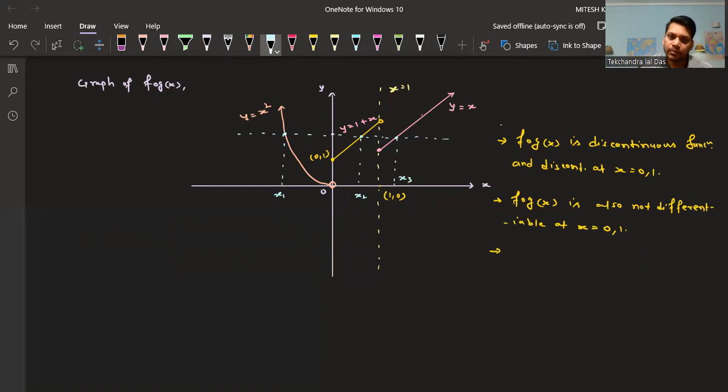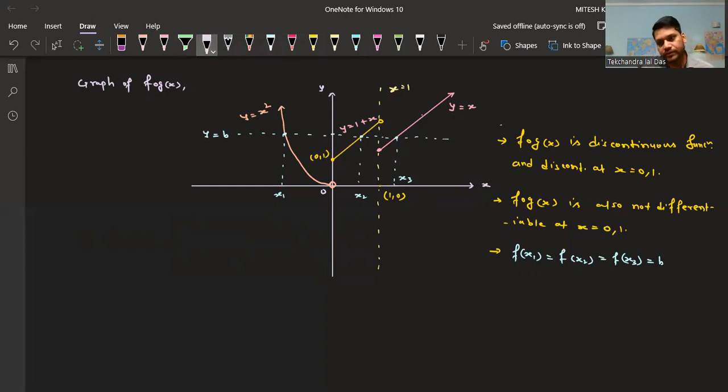Let's suppose this as y equal to b. So clearly we can say f of x1 equal to f of x2 equal to f of x3 equal to b. That is, for different pre-images we have a single image. It means the function is many-one.